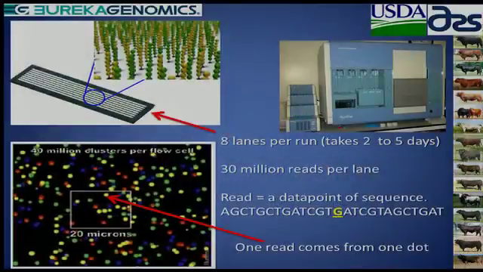This slide illustrates the general process, and I'm not going to go into a lot of detail on it. This is a very microscopic view of what happens on the surface of essentially a microscope slide that has these different lanes on it. This one has 8 lanes on it. Each of those needs to be filled in order to run the machine, or at least we might as well fill them because we're going to use that capacity. So one of the constraints is we need to obtain the same number of bases of DNA sequence on each one of these lanes when we do a run.